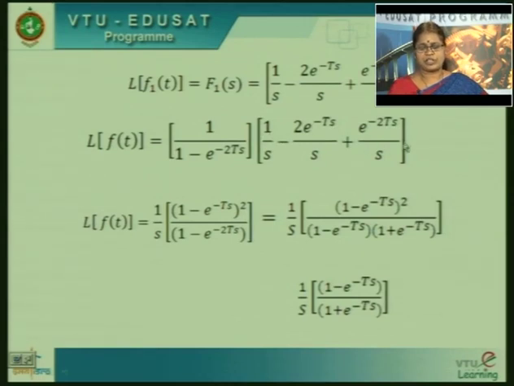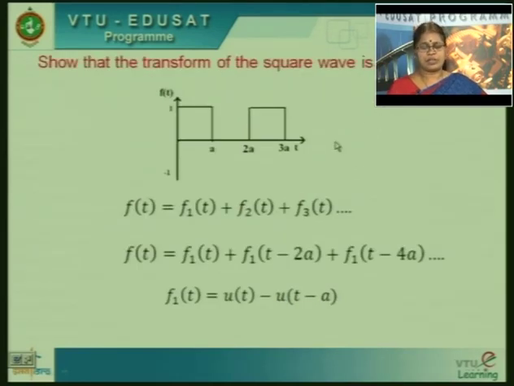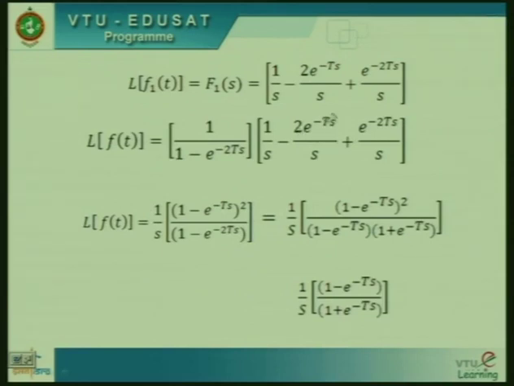Or if I combine all these terms, this is of the form 1 square plus e power minus Ts whole square minus 2 e power minus Ts, which is of the form a square plus b square minus 2ab form.